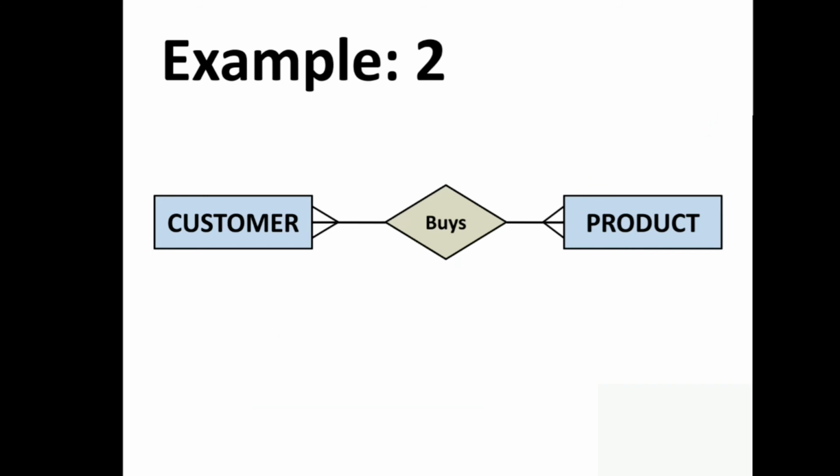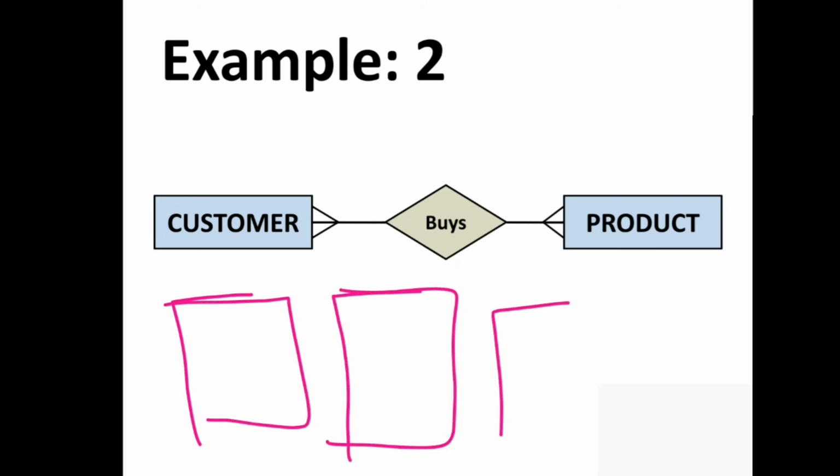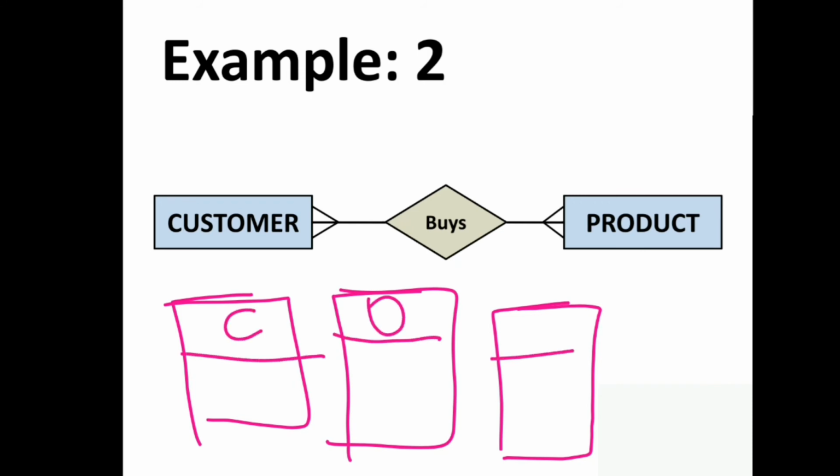Fine. Now to understand the concept of linking table here, we can have the order entity as a linking table here between the customer and the product, right? Which links the customer and the product entity.